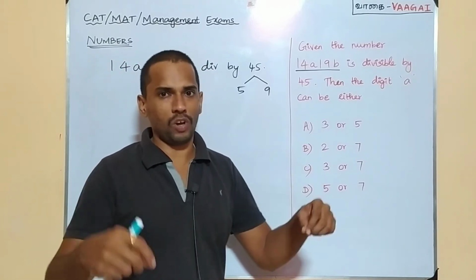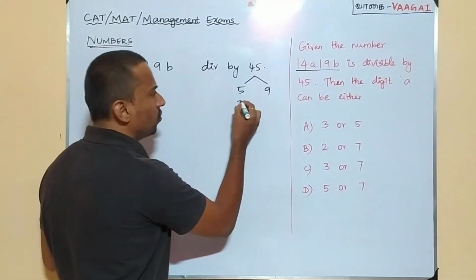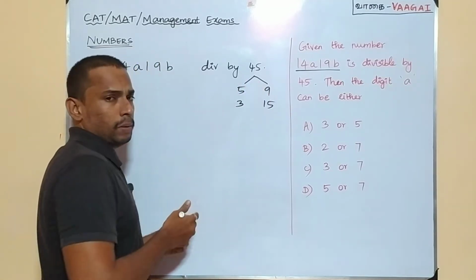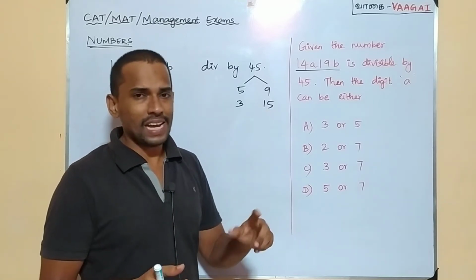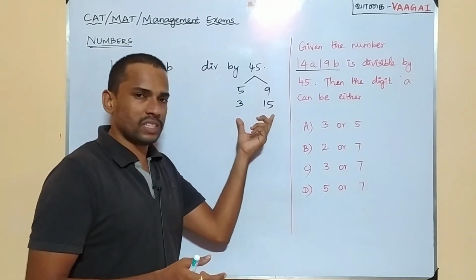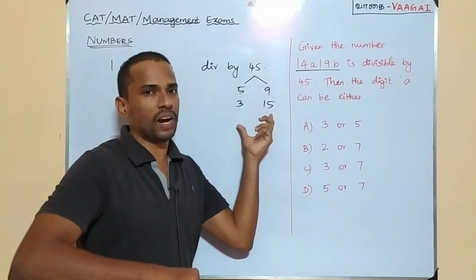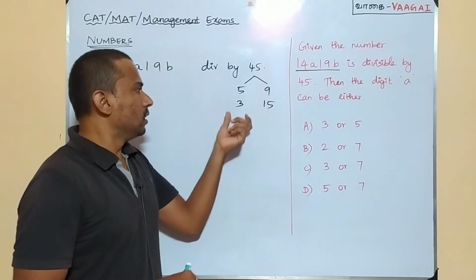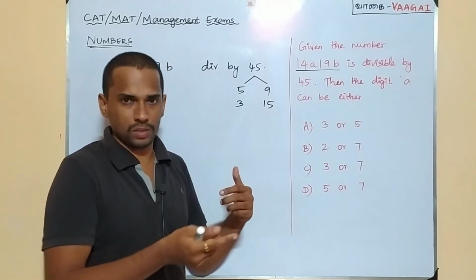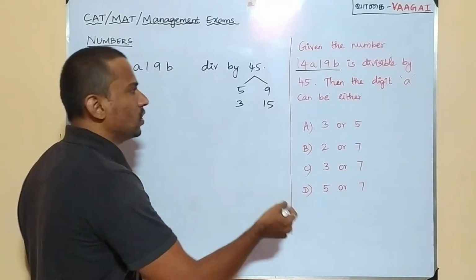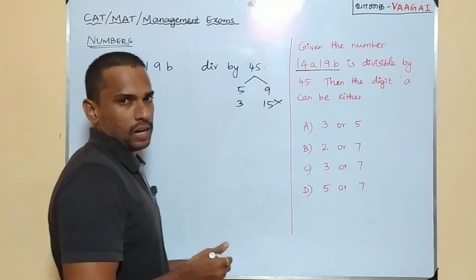Why? Because if you take the pair 3 into 15, these are numbers where you have a common factor between them. You understand? This 3 and 15, you have a common factor 3 in both these numbers. So that is the reason you are not taking this pair.